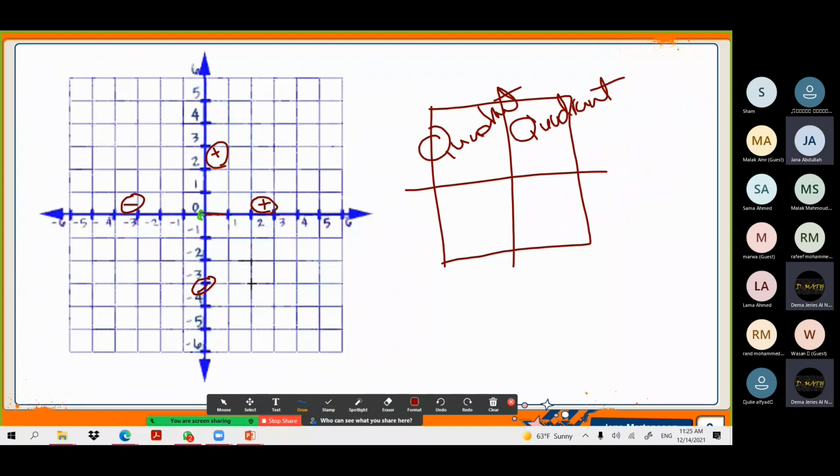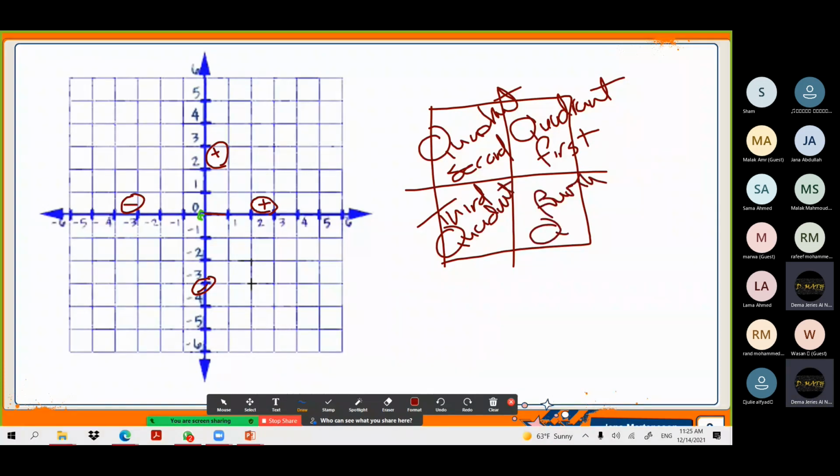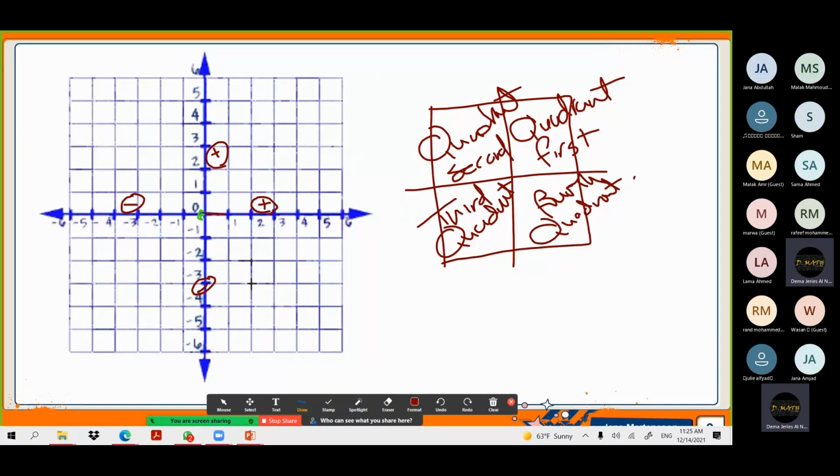They said this one is the first quadrant, this one is the second quadrant, this one is the third quadrant, and this one is the fourth quadrant. They must be in this order. You cannot change the order. It must be 1, then 2, then 3, then 4.